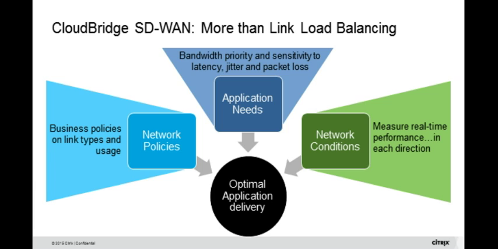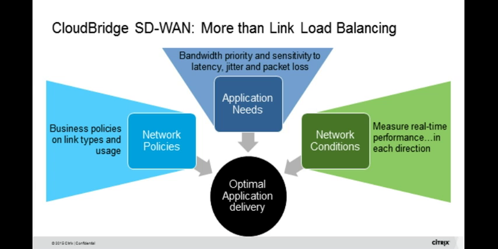Some wide area network services such as 4G LTE or satellite connections are usage sensitive, and so you may only want to use those types of links when the primary connection is no longer available to reduce the WAN spend or ensure that the WAN spend stays within the budgets that you've set forth. And you can do that with the CloudBridge software-defined WAN solution.